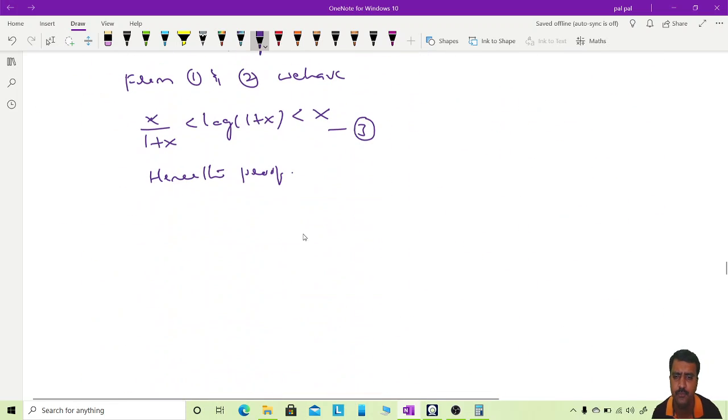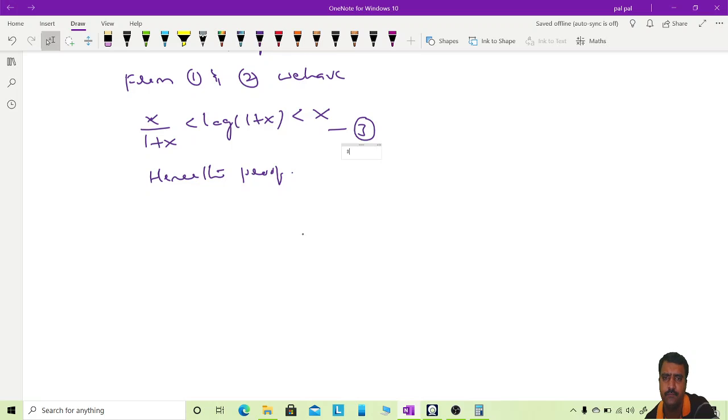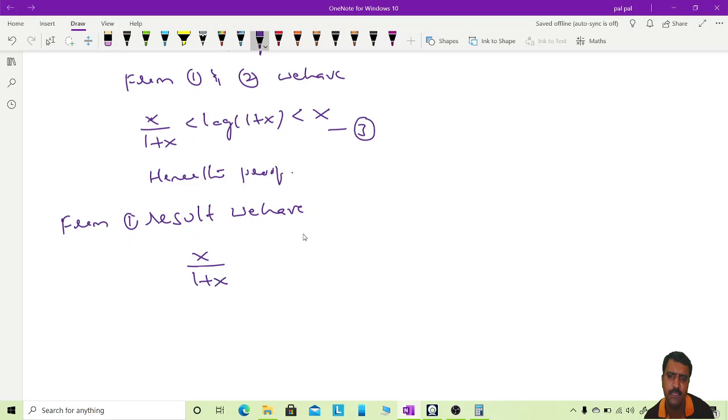To prove this result, take the first result. What is the first result? It is x by 1 plus x is less than log of 1 plus x, which is less than x.